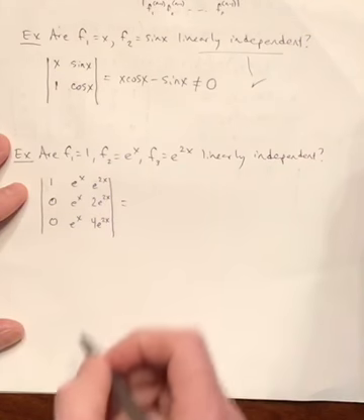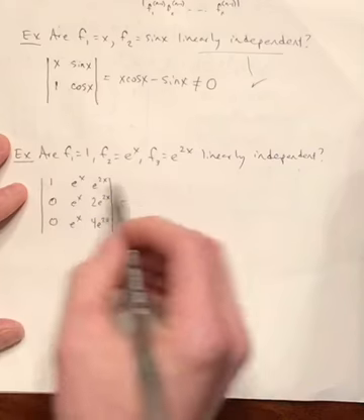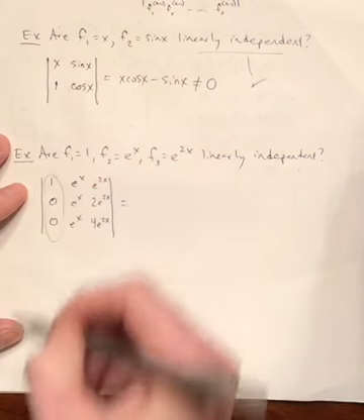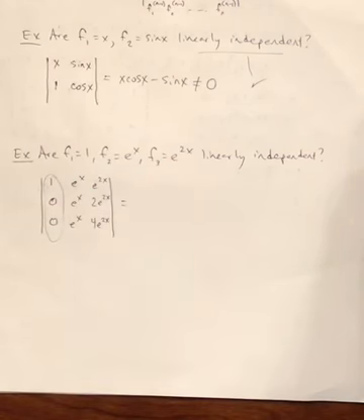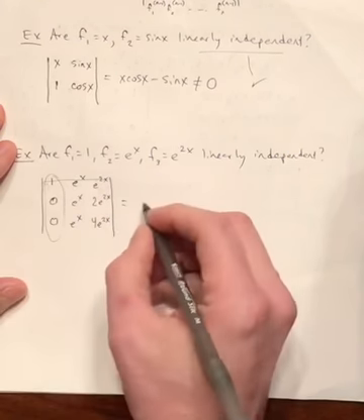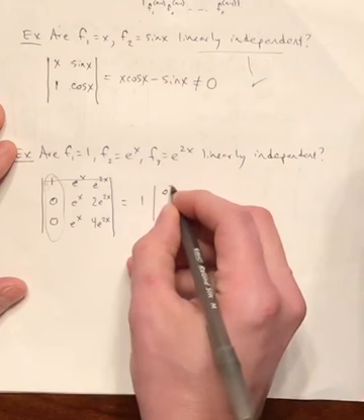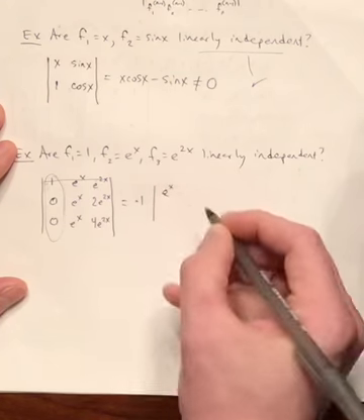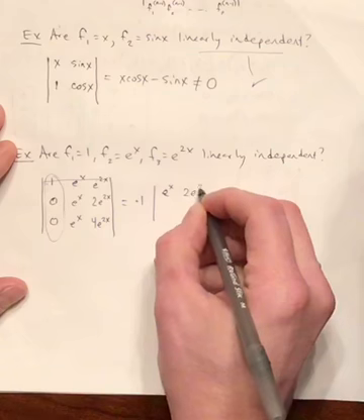So when I compute this determinant, I can expand along that one right there. What I'll get is 1 times, and it'll be positive 1, of course, times this.